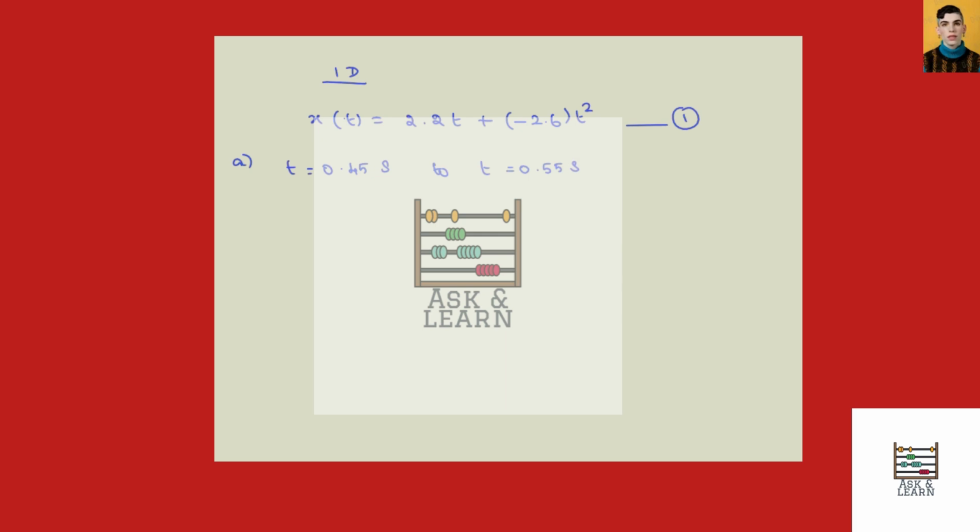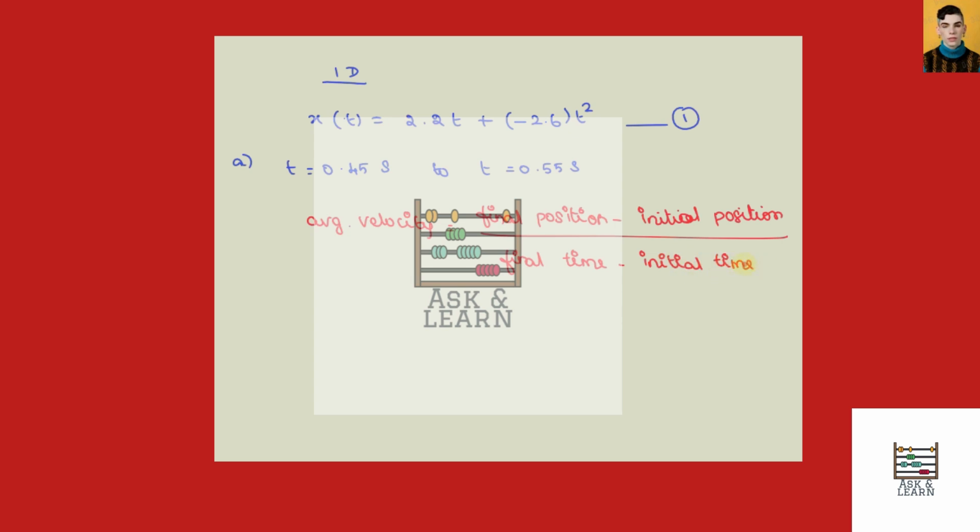So we know that the average velocity is given by the formula final position minus initial position, divided by final time minus initial time, that is the rate of change of position.